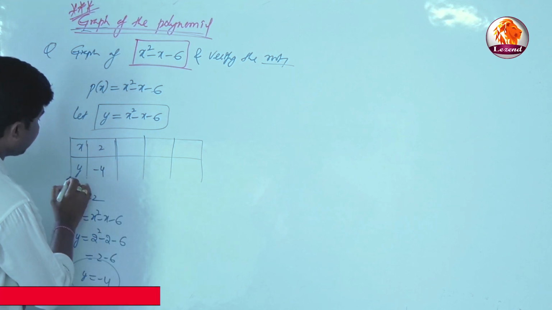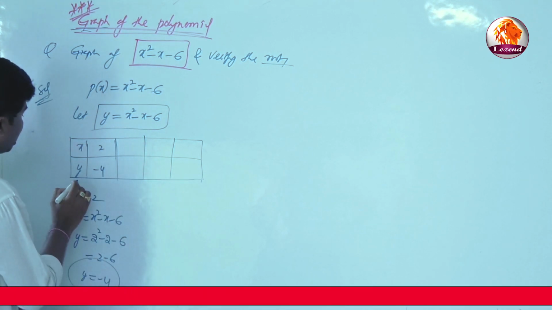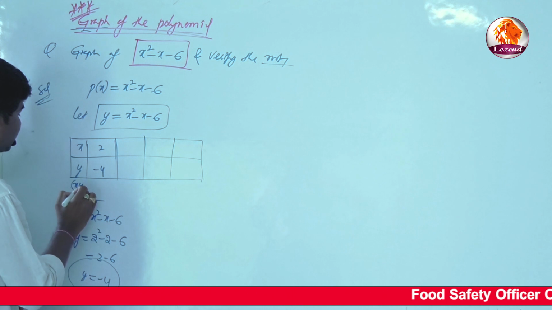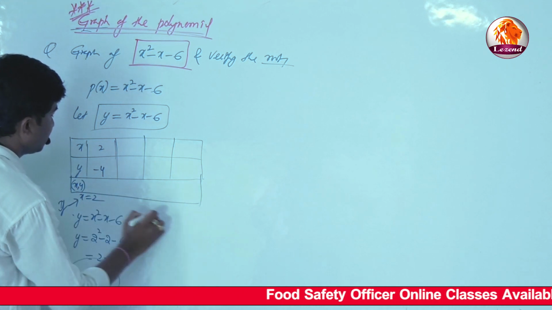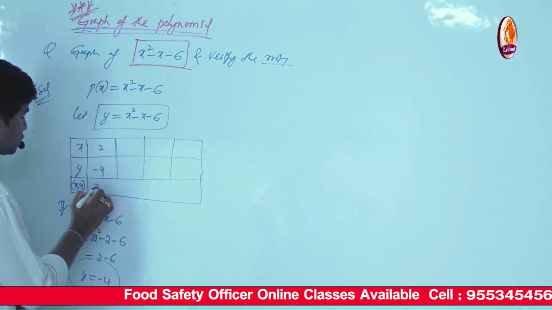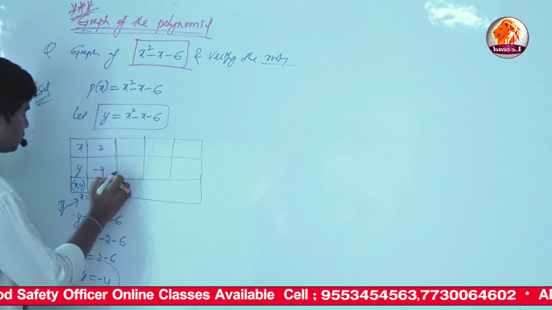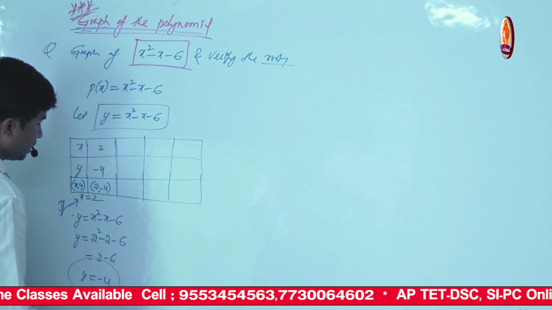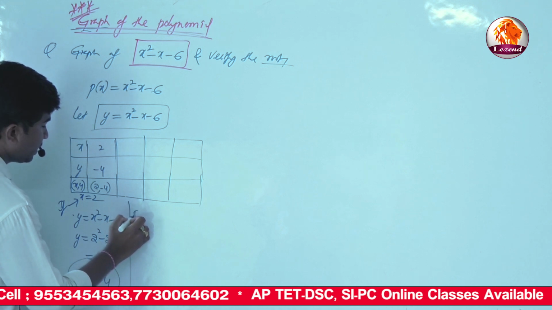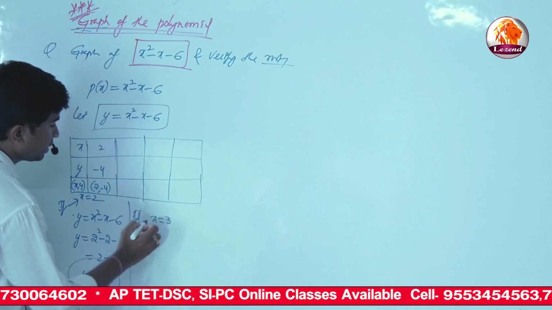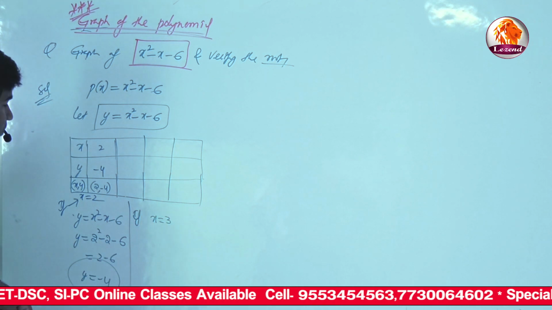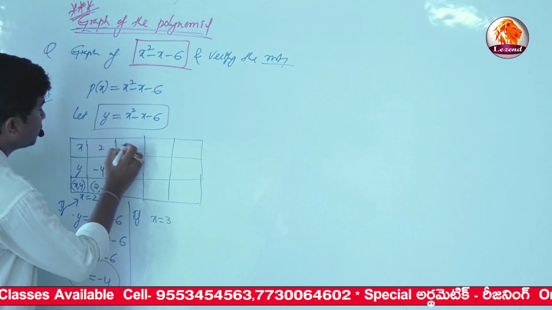In this we can take one more row, the ordered pair x comma y. So if x value is 2, y value is minus 4. Next case, if x value is 3, what is the value of y?